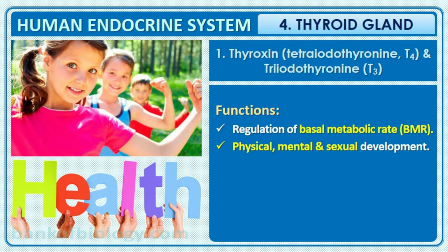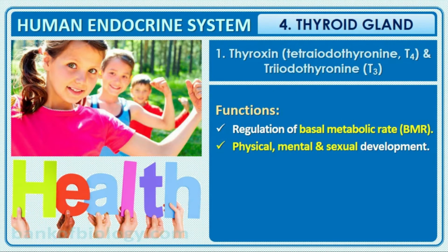Now we can see about thyroxine, tetraiodothyronine and triiodothyronine. What are the functions of thyroxine? Its function is regulation of basal metabolic rate, BMR. BMR means basal metabolic rate, and physical, mental and sexual development.